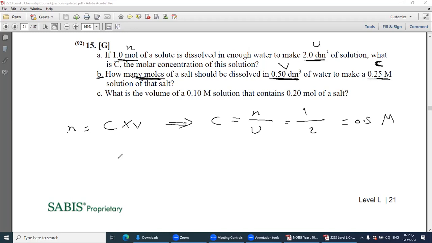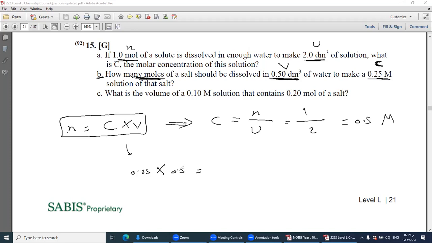Moles. Okay, I said number of moles equals what? Concentration multiply volume. So the concentration is 0.25, and the volume is 0.5.